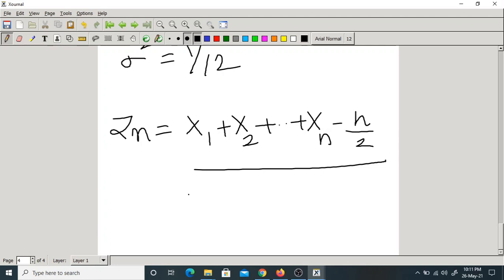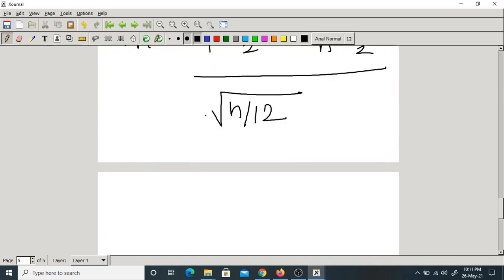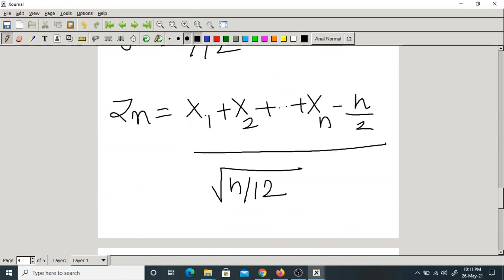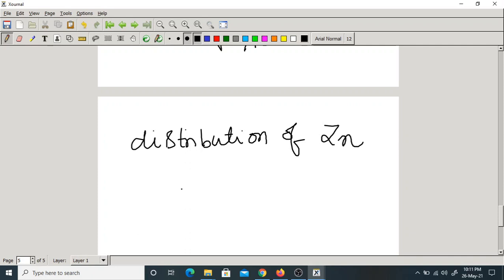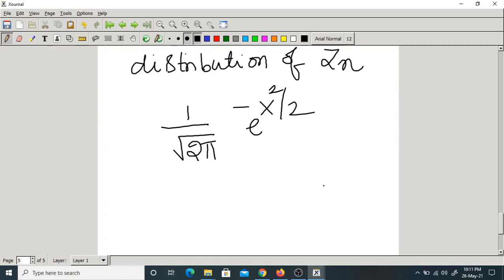Sigma square n means, with sigma square equal to 1 by 12, n by 12. Now if you do this calculation, the distribution of Zn you get is 1 by root 2 pi e power minus x square by 2. What is this? This is a Gaussian distribution.